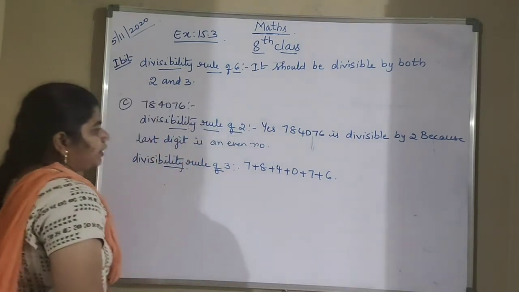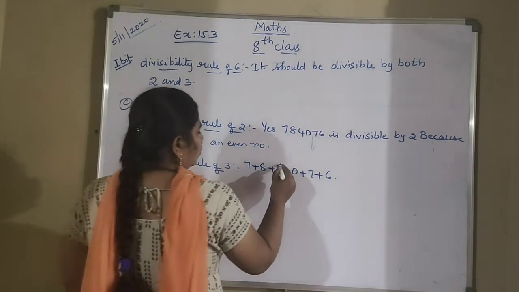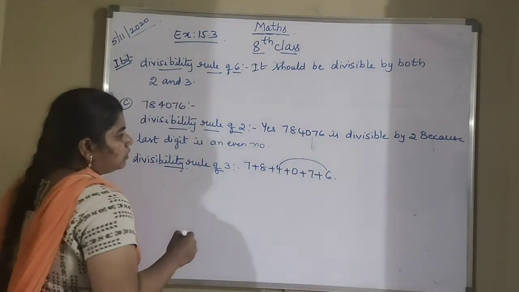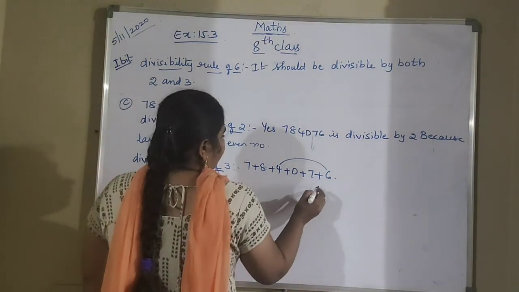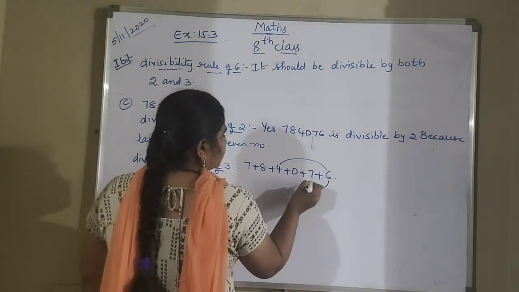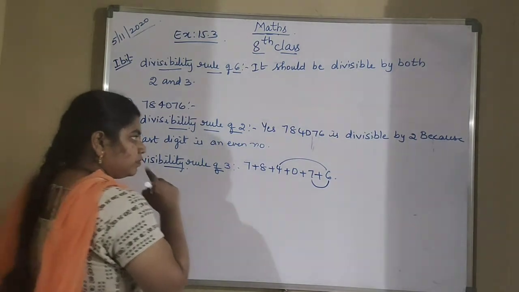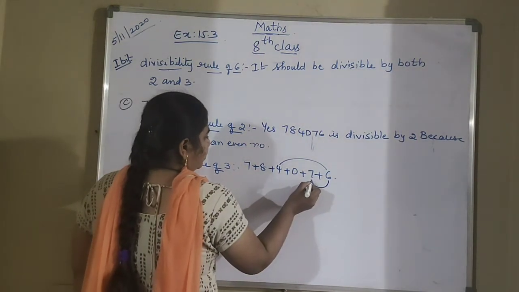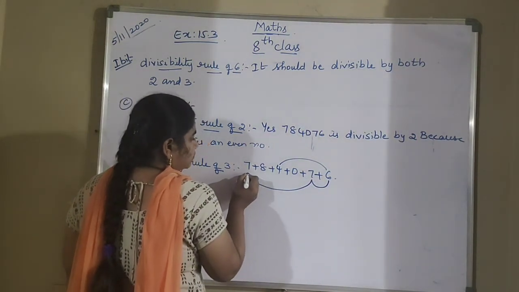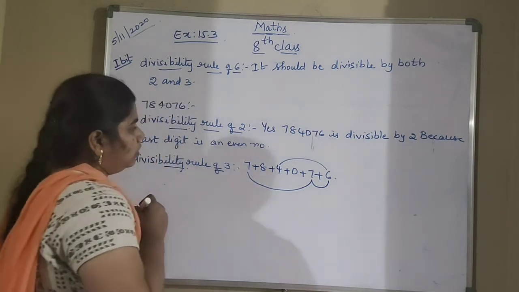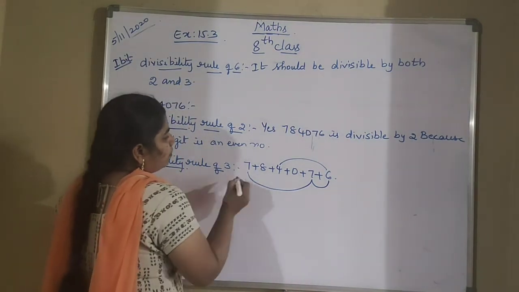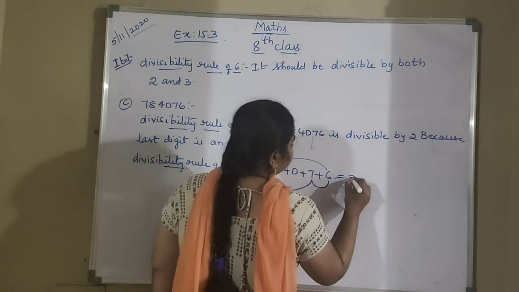So how much will we get here? 4 plus 6 is 10. 10 plus 7 is 17. 17 plus 7 is 24. 24 plus 8 is 32.